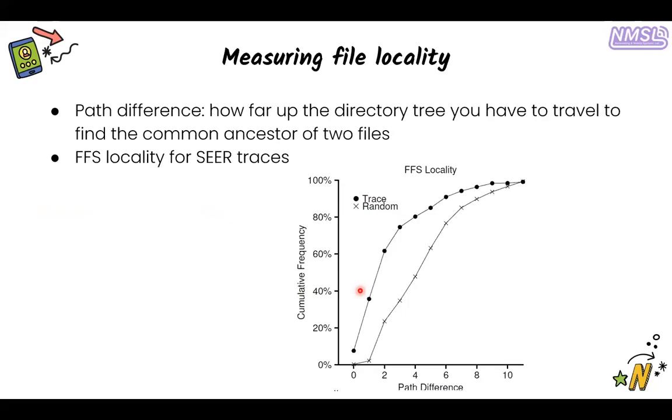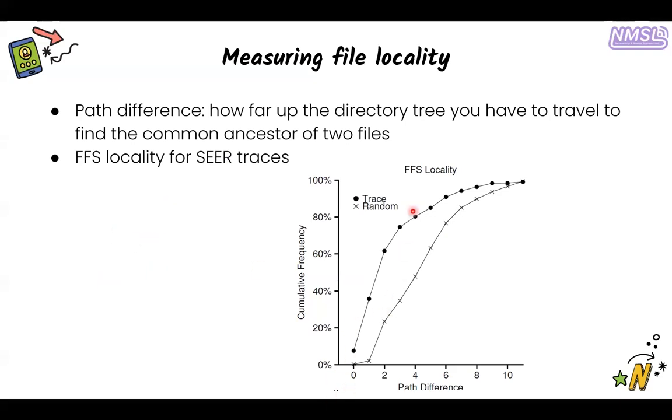So to see whether this is effective, we came up with a metric called the path difference. This basically means how far up the directory tree you have to travel to find the common ancestor of two files. So basically, the more you have to go up, the worse. If you're in the same directory, it's 0.